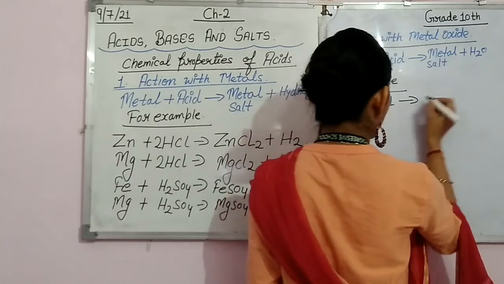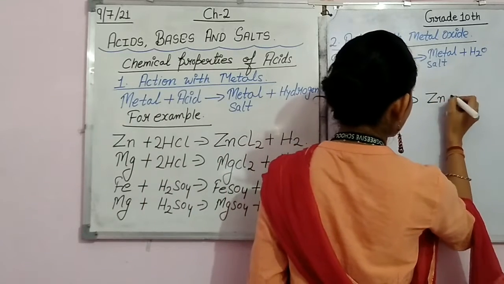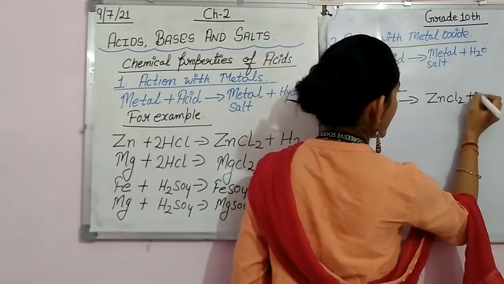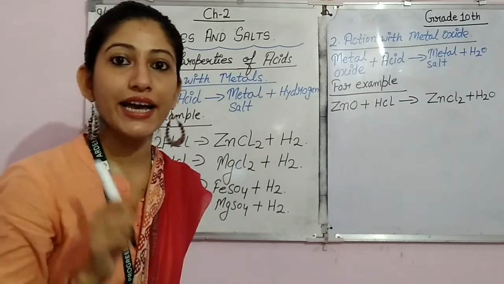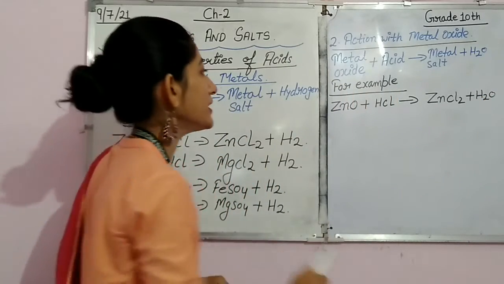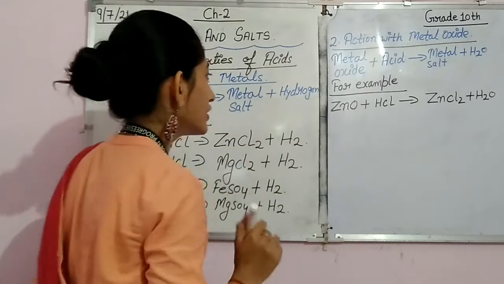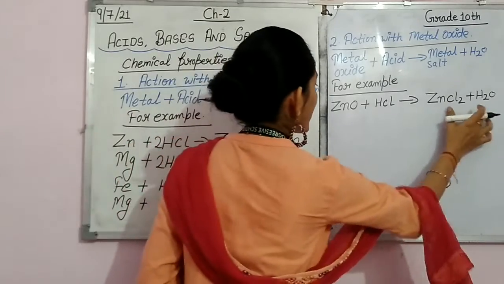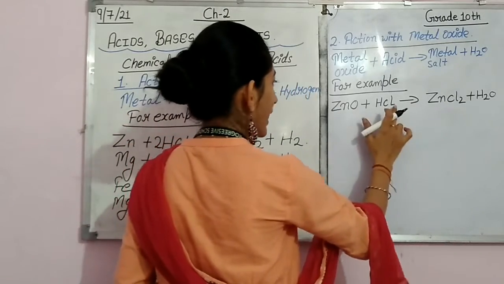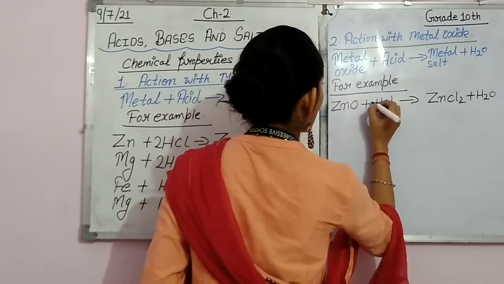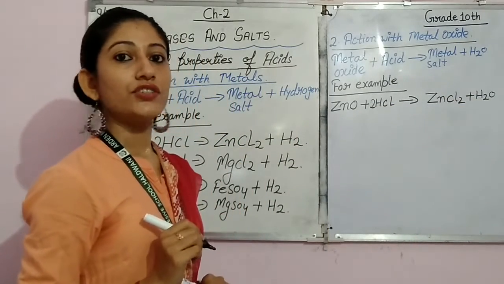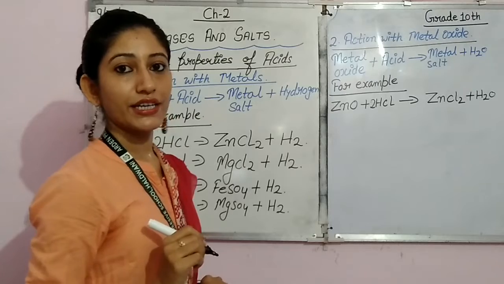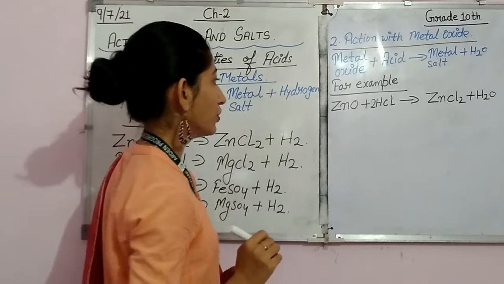What will be the product? ZnCl2 plus H2O. And if we want to balance, it becomes ZnO plus 2HCl gives ZnCl2 plus H2O.